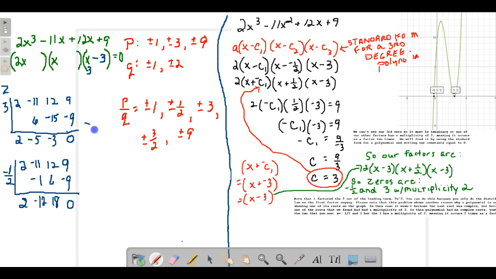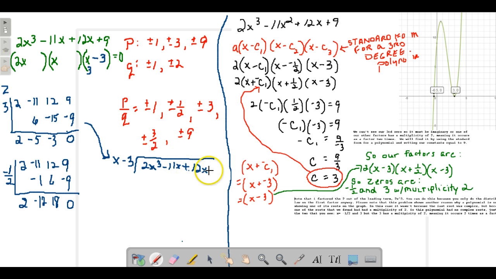So that's when you do synthetic division. Now, the analogous process is actually doing x minus 3 the long way and dividing it into 2x cubed minus 11x... and this is where I made my mistake. It's plus 12x, and I copied it wrong.